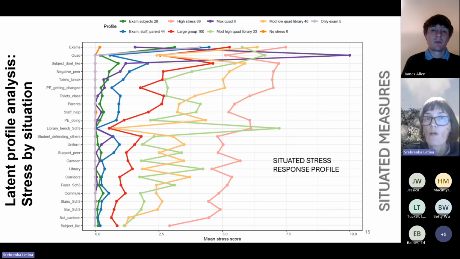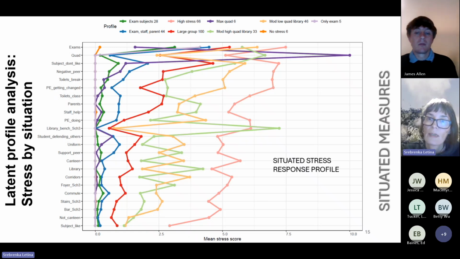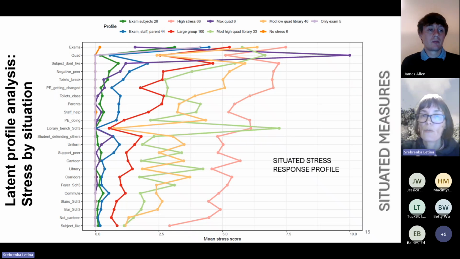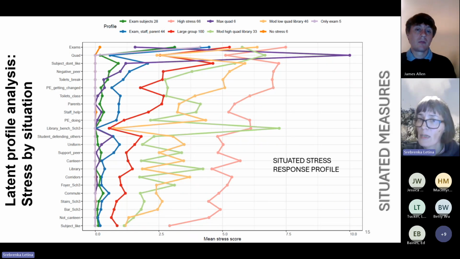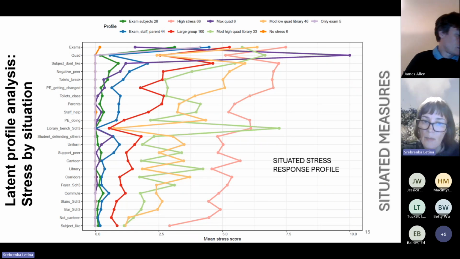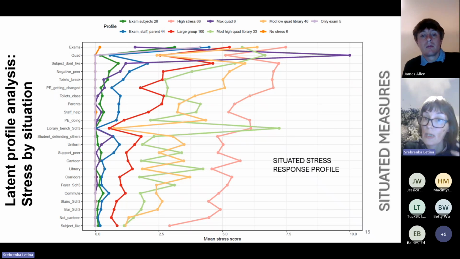That's how we identified 9 different groups given their profile in stress, which situations they found stressful. For example, you can see the pink one here, which tells you about the group who has had overall really high stress in most situations, except for quads and subjects that they liked.